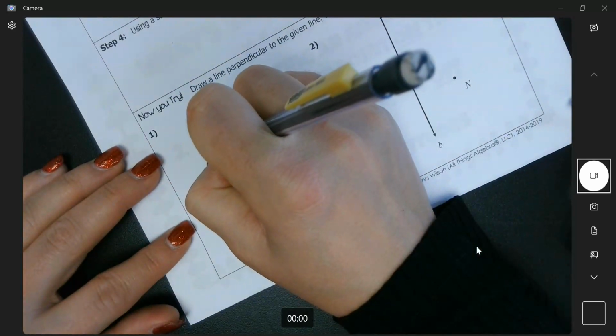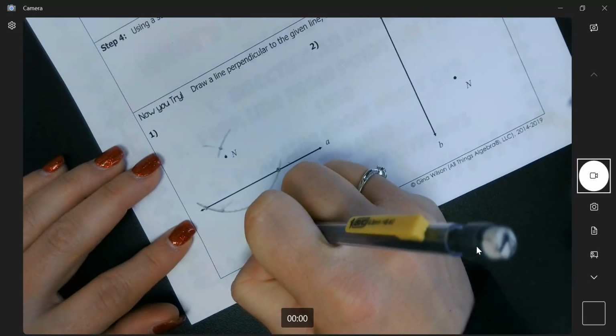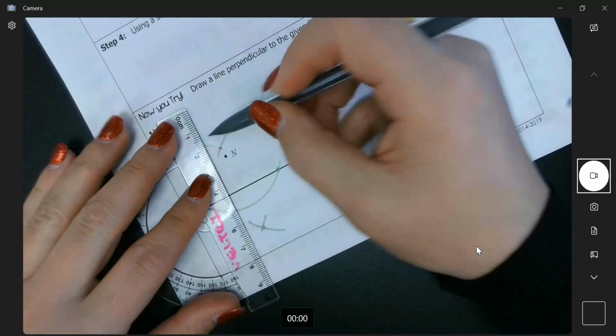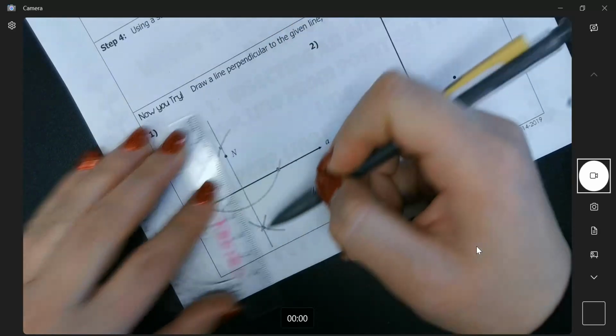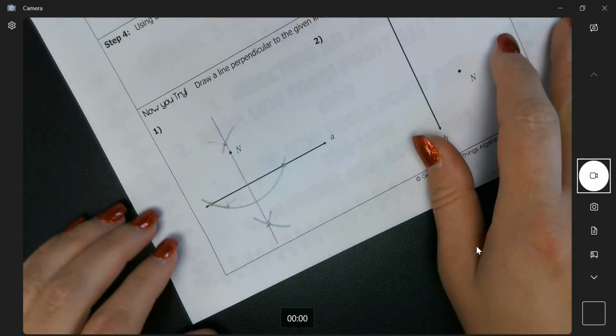Highlight these 2 intersection points. And then connect them with your ruler. So again, it should connect through all 3 points here. Ta-da! There you go. Okay. So that is the perpendicular line through a point that's not on the line.